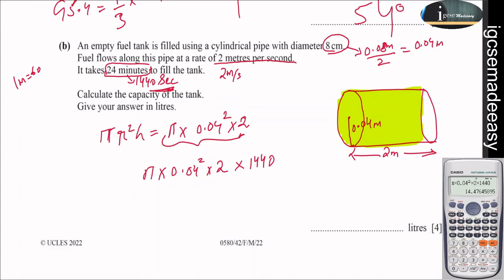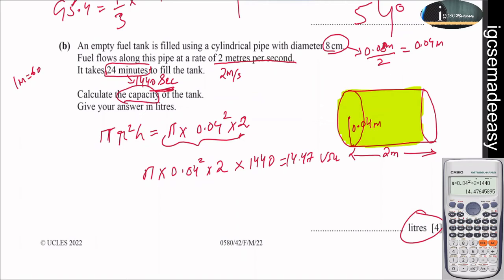This is the volume that is being swept out in 24 minutes or 1440 seconds. Now this is actually the volume, 14.47 is volume, right? But we are asked to find it in liters, and that is actually capacity.